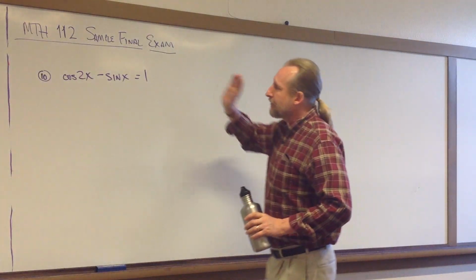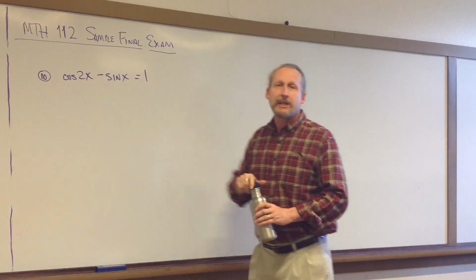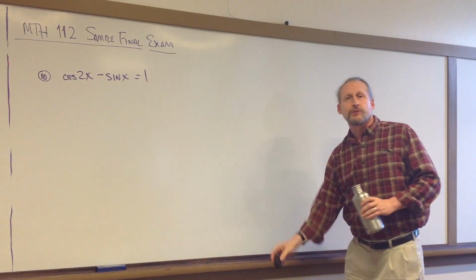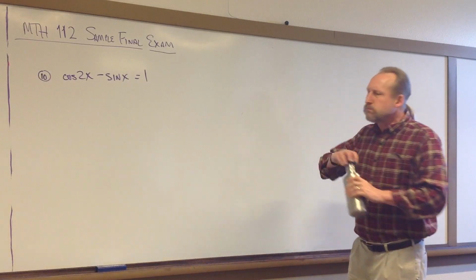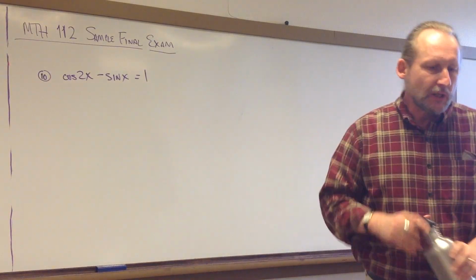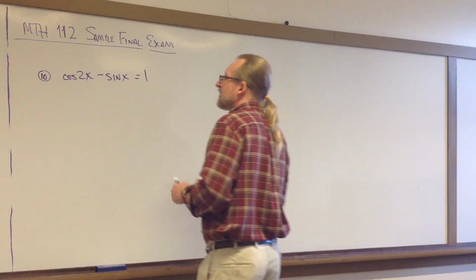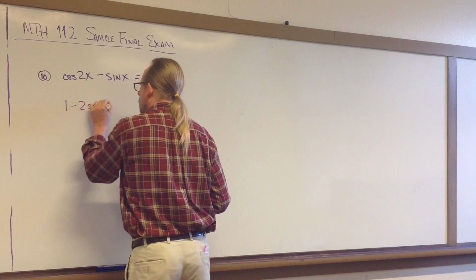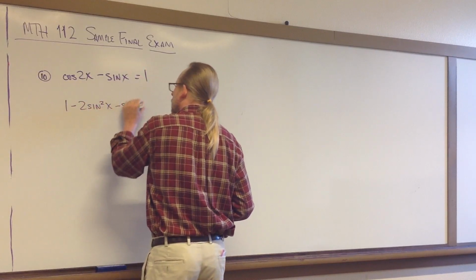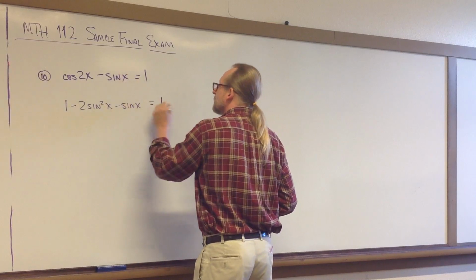We've got 3 different identities for cosine 2x. We want the one that's going to match up to the sine x, which is already there. So that means we're going to want the identity that says cosine 2x is equivalent to 1 minus 2 sine squared x, and then minus sine x equals 1.